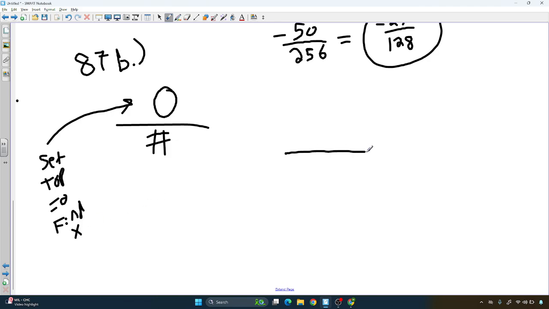So a vertical tangent line is going to be, you guessed it, set bottom equal to 0. Find x. So you're finding the x that makes the bottom of the slope 0. So that's important. That's 87B. That might catch you.